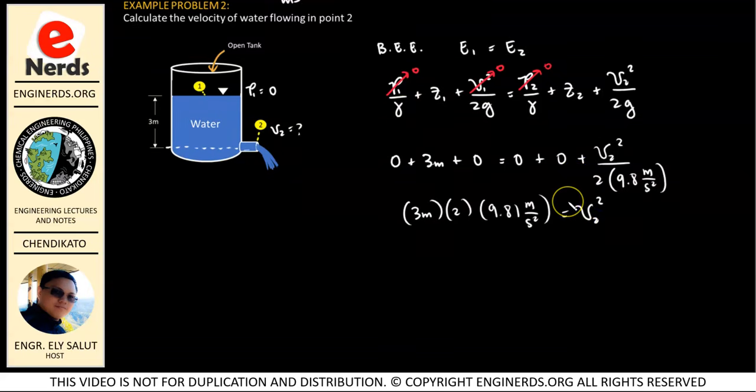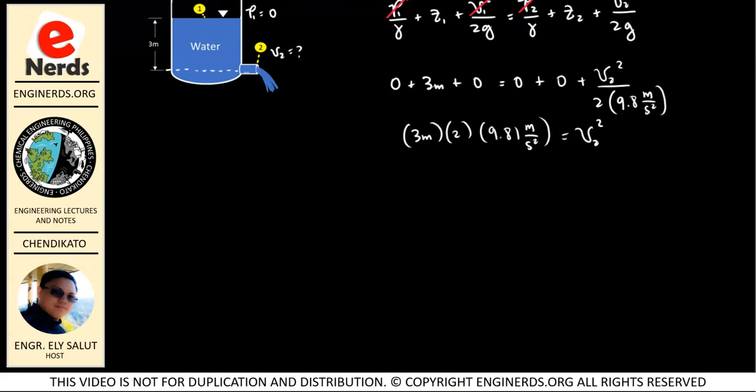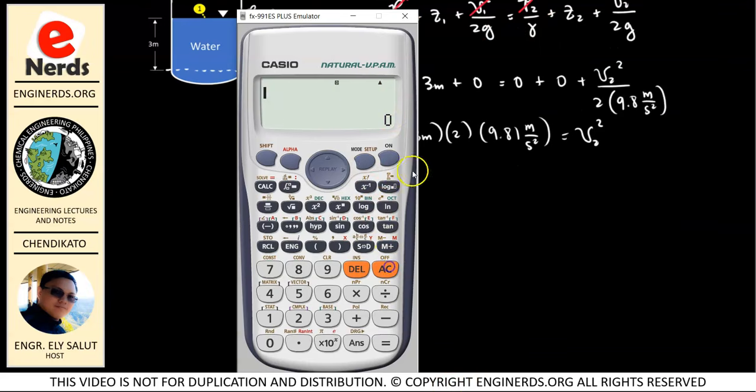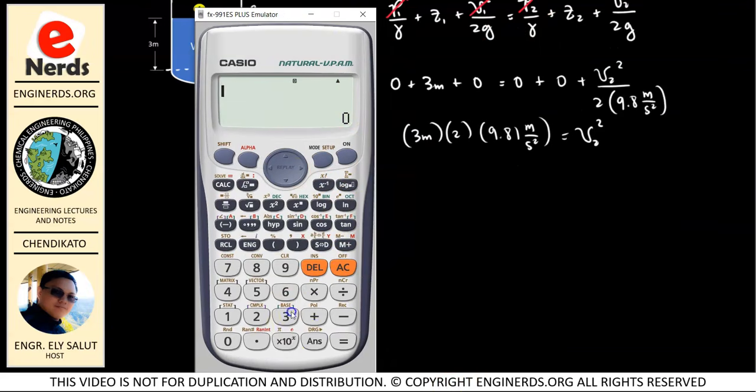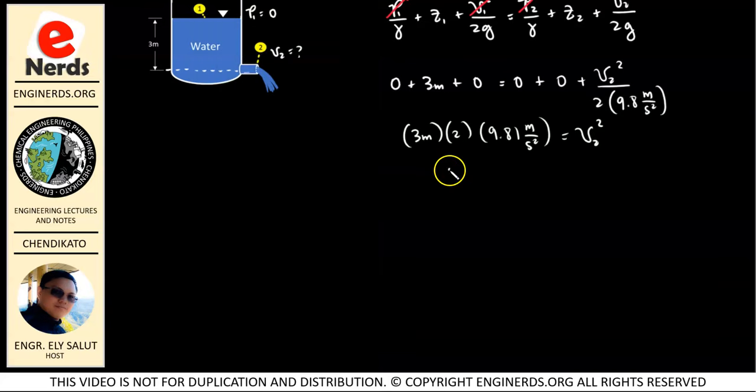Okay? So, therefore, we have 3 times 2 times 9.81, which is equal to 58.86. No? So, our V2 is equal to the square root of 58.86, okay, meter squared per second squared.